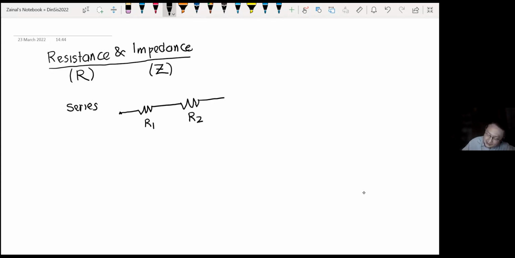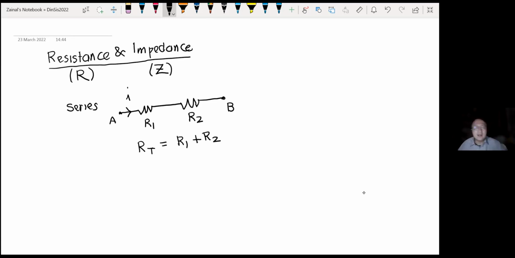If this one is point A, this one is point B, and this one is I, then you can obtain the series total: R total is the same as R1 plus R2, which is very simple.